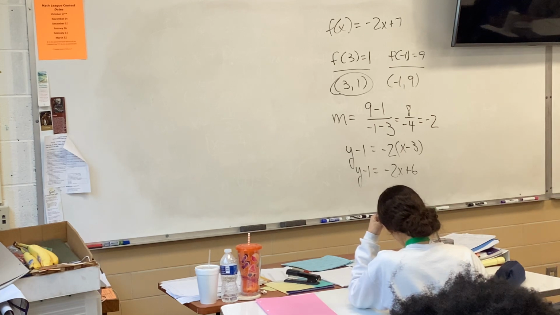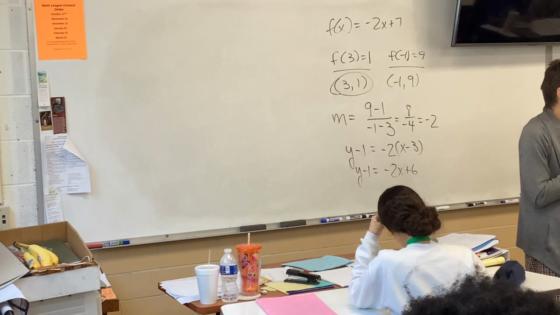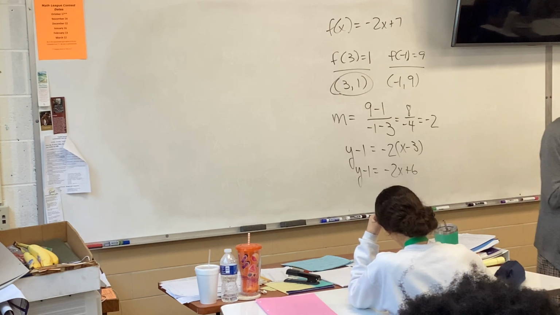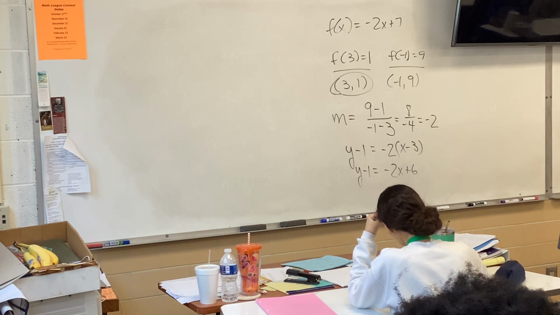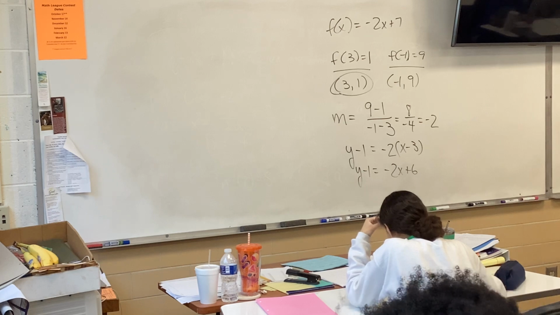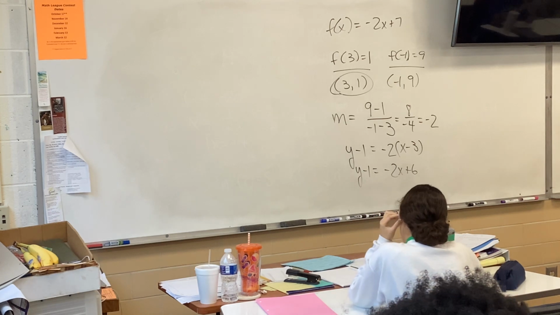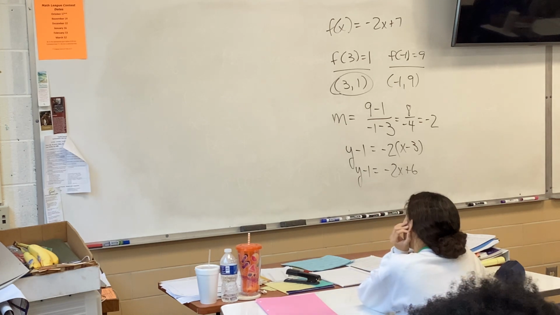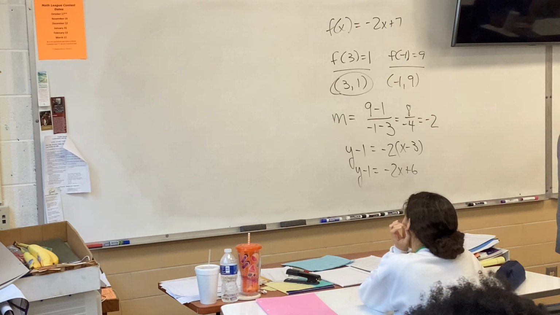If I drive to school today at 30 miles an hour, it takes me 20 minutes. If I drive to school at 40 miles an hour, it takes me 15 minutes. So what's happening?